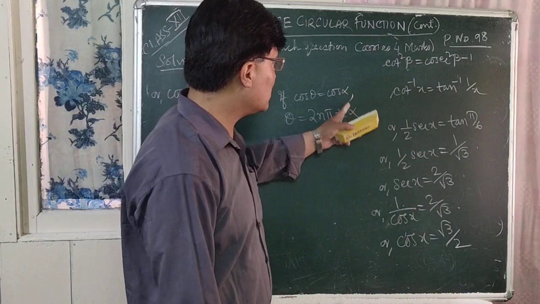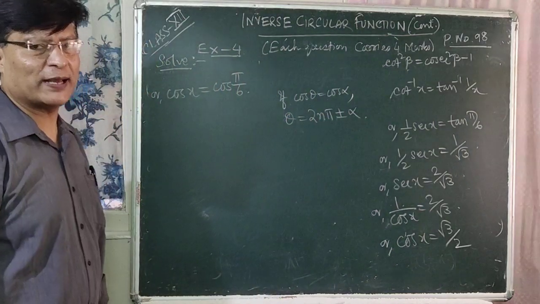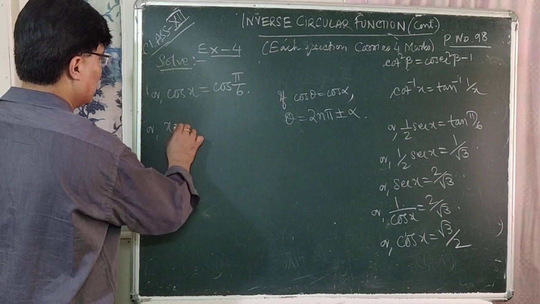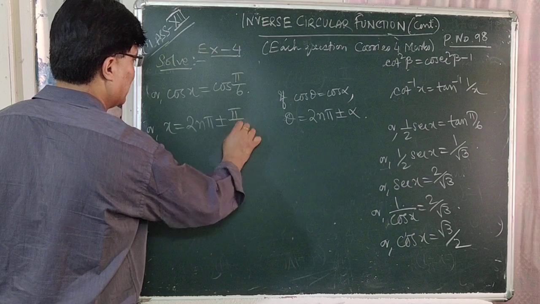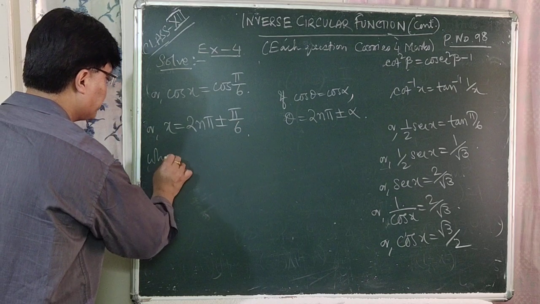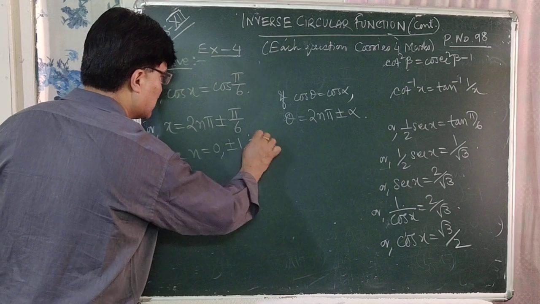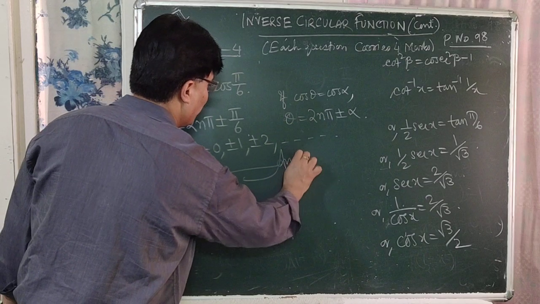So here also, x is equal to 2n pi plus minus pi by 6. So this is the answer. But in this case, you should write here, where n is equal to 0, plus minus 1, plus minus 2, etc. So this is the final answer.